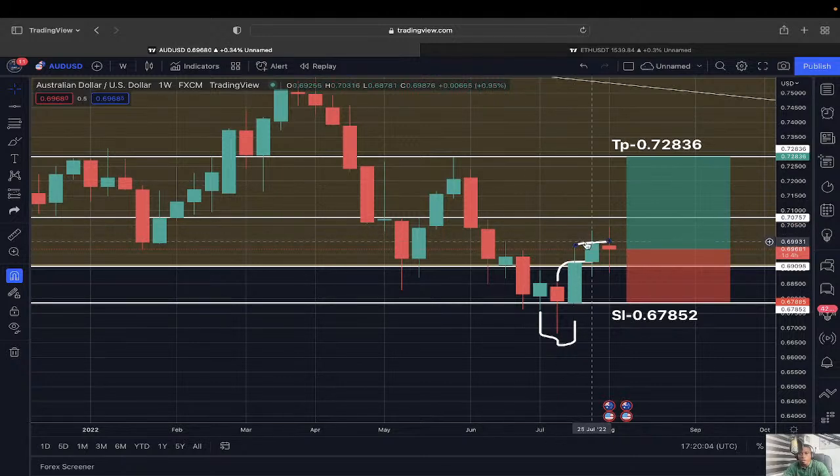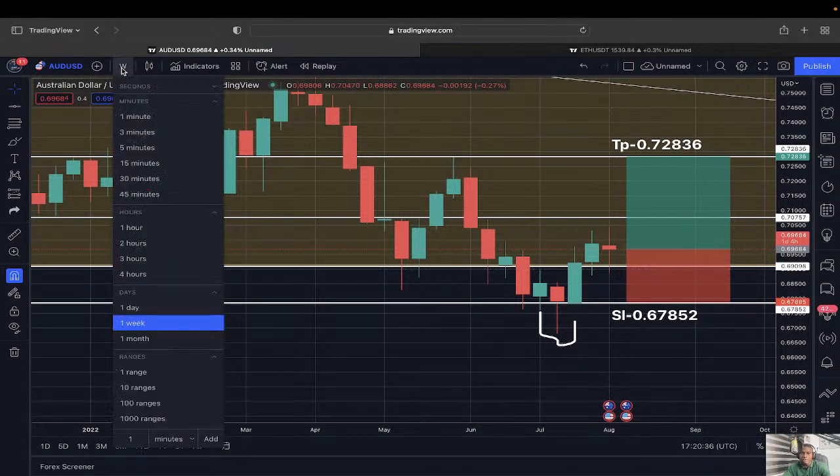So on the weekly time frame, for those who are swing traders, we are bullish. Then let's look at the lower time frame for intraday traders who just want to get in on hours.